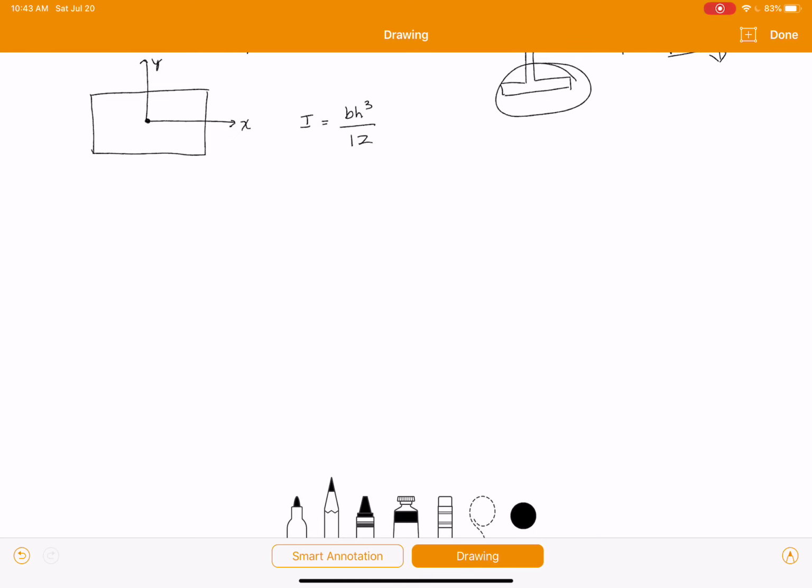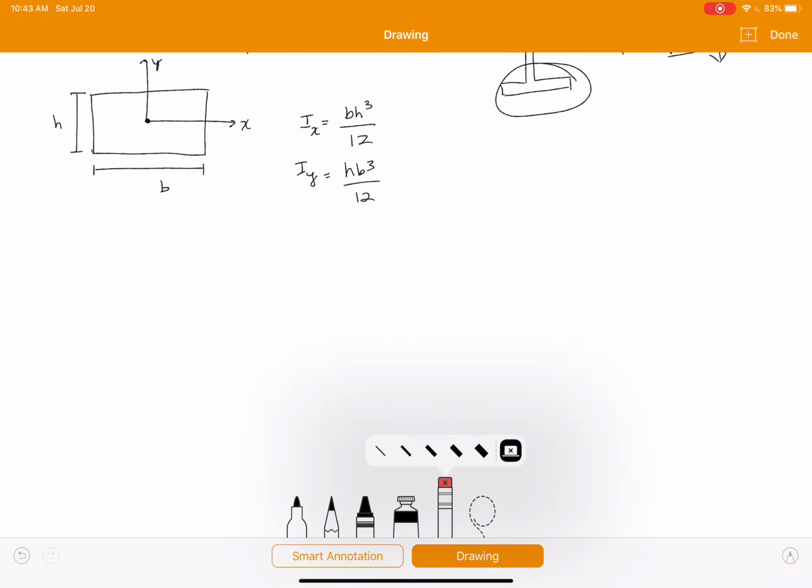Now, there's a couple different ways you can think about this. You can always think of this as being your base and this as your height. In that case, this is going to be Ix, and then Iy is going to be hb cubed over 12.